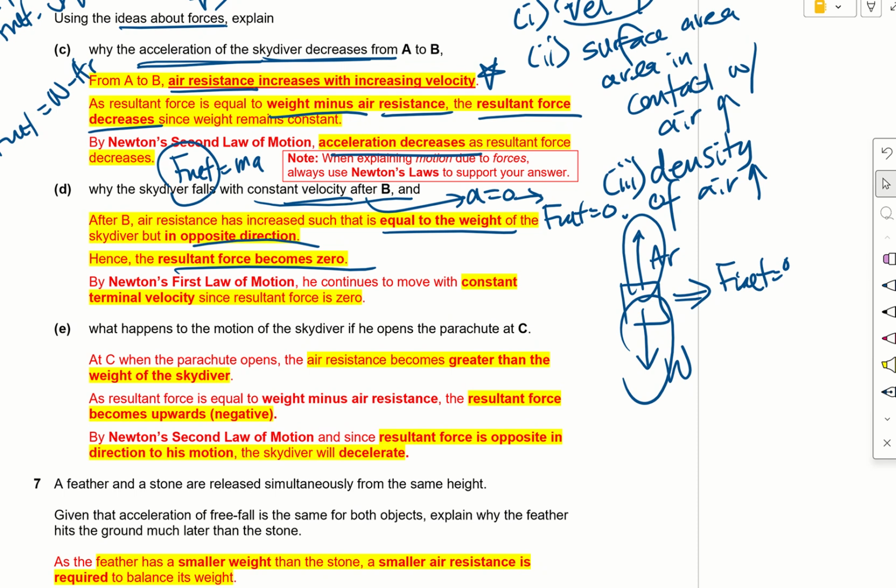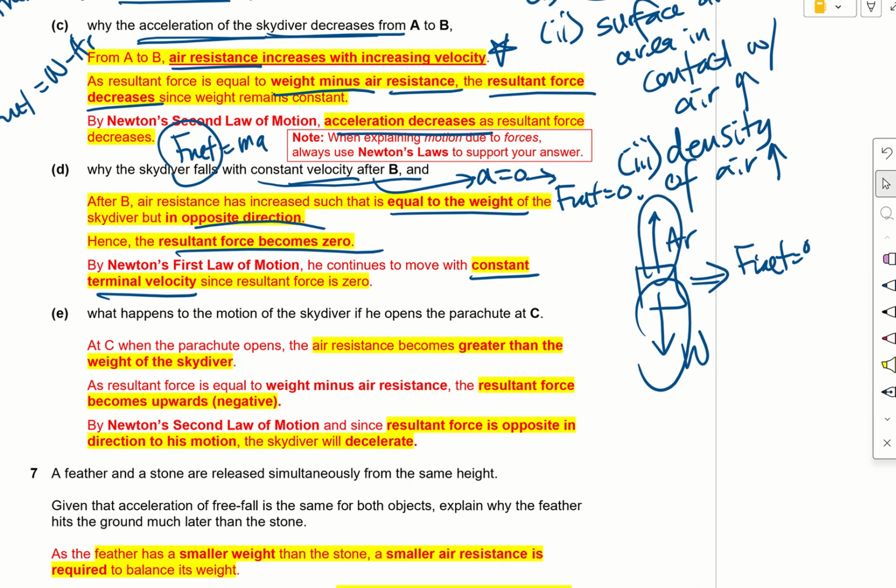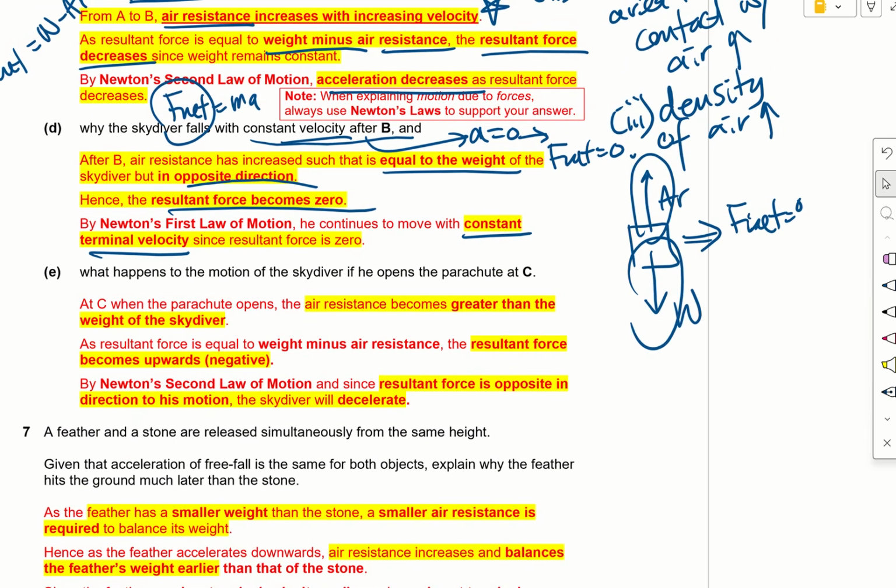The object will either stop moving, remain stationary, or move with constant velocity. But since the object was already moving, it will then move with constant velocity, and this is what we call terminal velocity. So there's a difference from free fall. Free fall is falling without air resistance. The velocity will keep increasing. Terminal velocity is the constant maximum velocity.